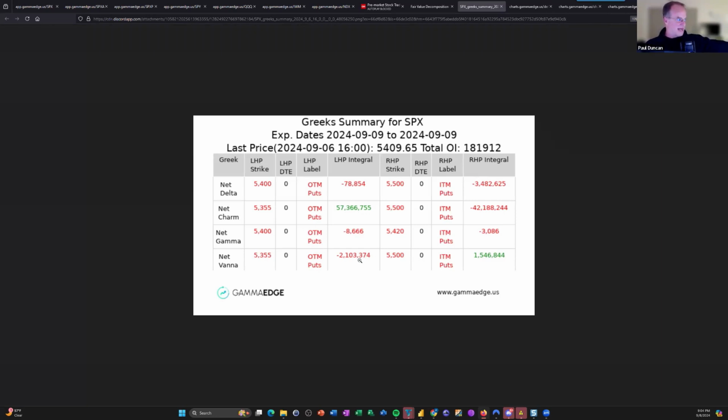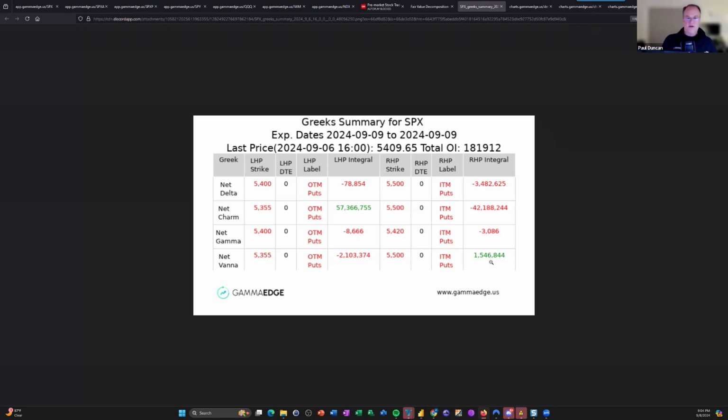We've got that wide dispersion of numbers that you see here. You can see to the left-hand side, below us, we've got 2 million, whatever they're denominated, and I'm not going to go into the details. And on the right-hand side, where the calls would be if we were starting to really move up, we've got a positive number, right? So I want everyone to play this game with me.